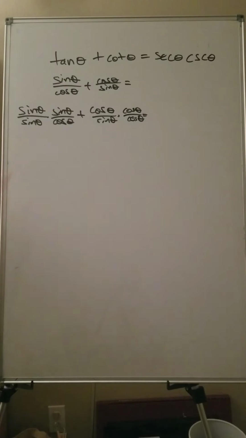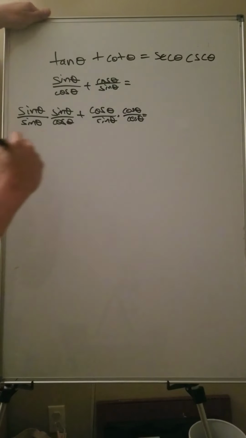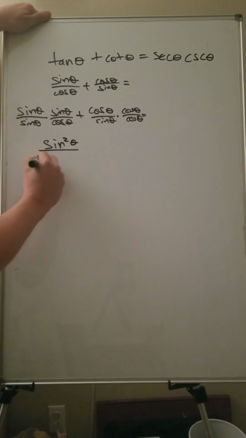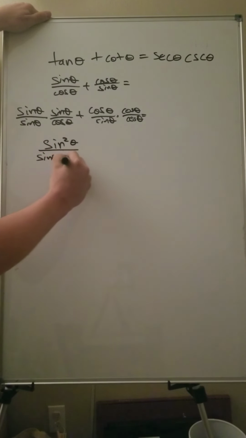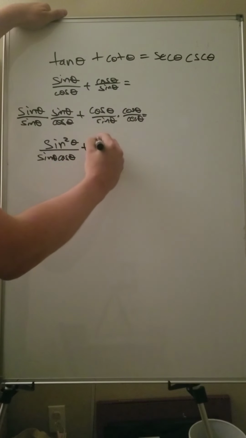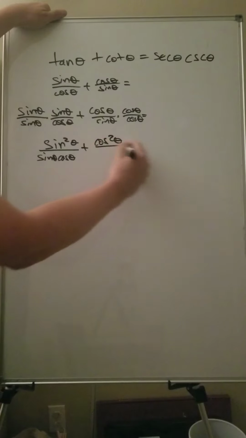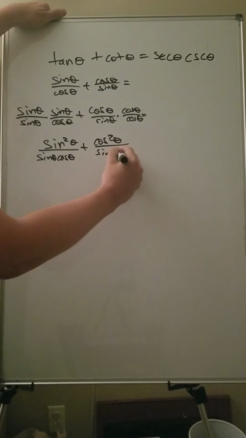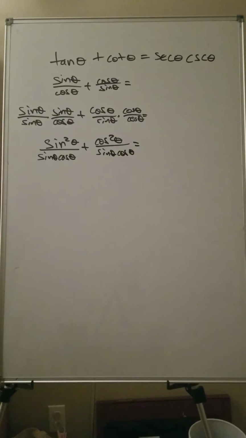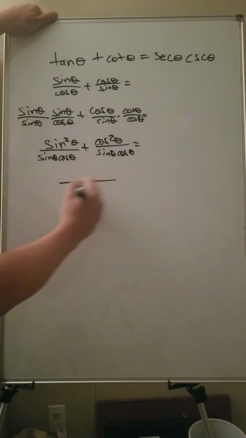So if I multiply this out, on top I get sine theta times sine theta. That is sine squared theta. In the denominator I have sine theta cosine theta. Plus here I have cosine theta times cosine theta. That's cosine squared theta, and then I have sine theta cosine theta. Now that I have common denominators, I can add those two fractions together and write it as one fraction.